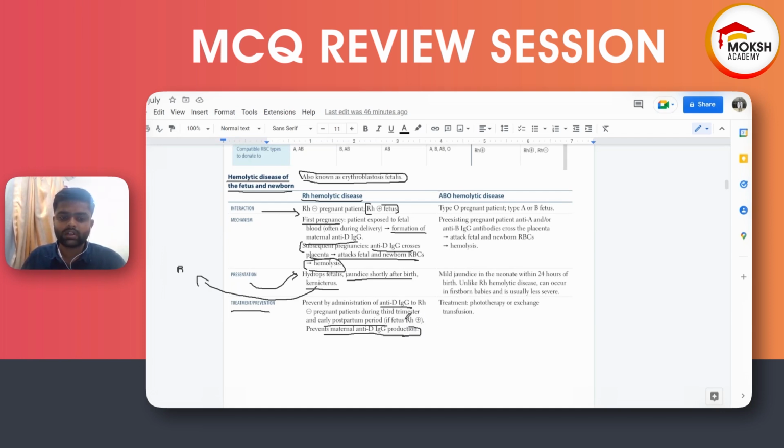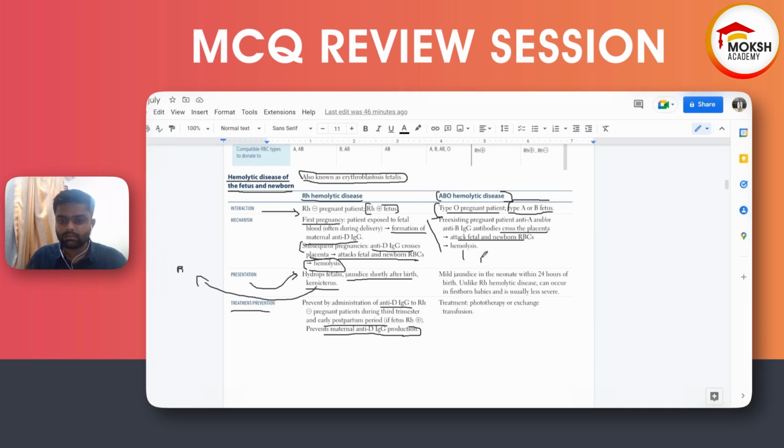if we suspect postpartum hemorrhage. Okay, and in ABO hemolytic disease, usually the mother's blood group is O and the baby is type A or B. The mother has pre-existing anti-A or anti-B IgG antibodies that cross the placenta and attack.